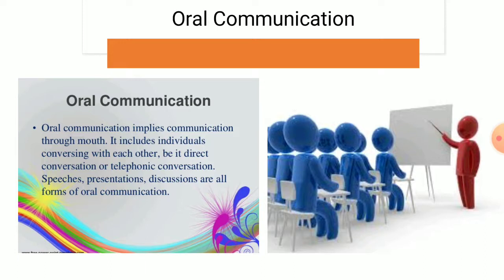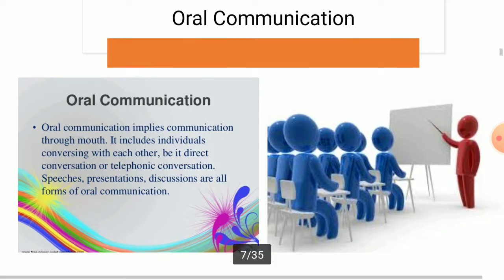So one thing you have to remember here, as far as oral communication is concerned, oral communication is nothing but the words that we speak from our mouth for the purpose of giving a message. So it is in the spoken form, and it is called oral communication. And for this purpose, there are different forms available.